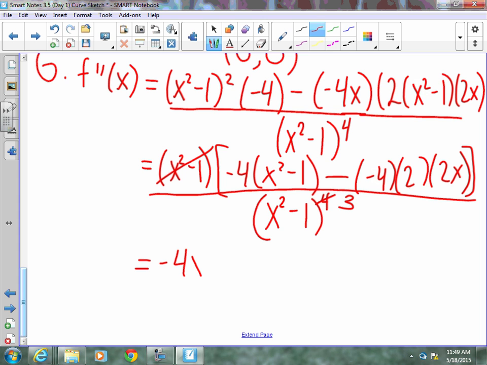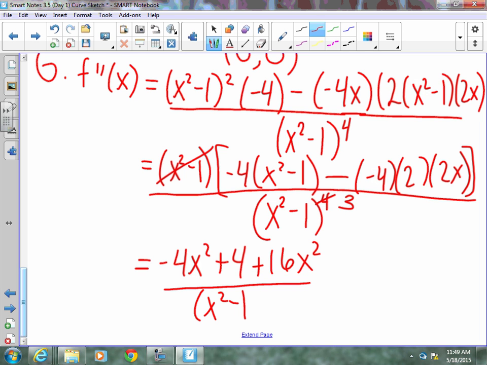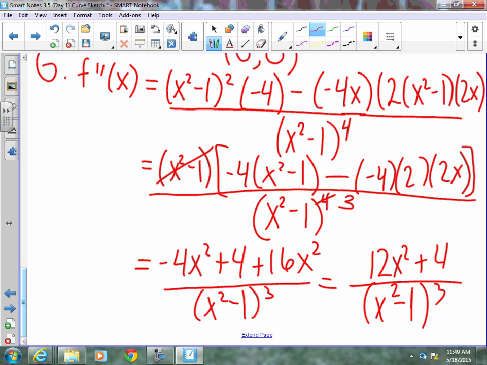We get negative 4x squared plus 4 plus 16x squared, which makes it 12x squared plus 4 over x squared minus 1 cubed.